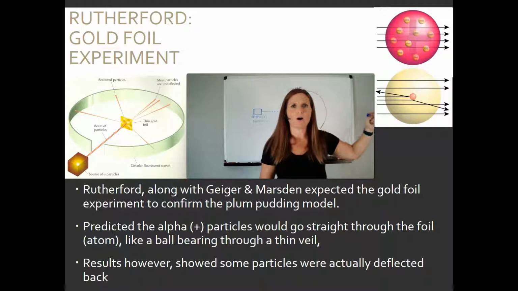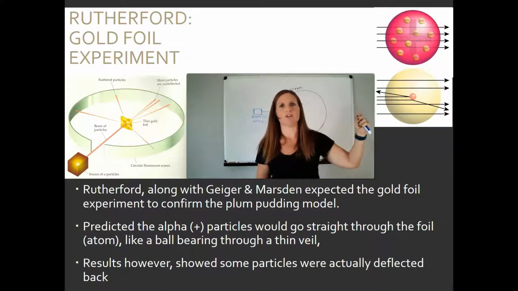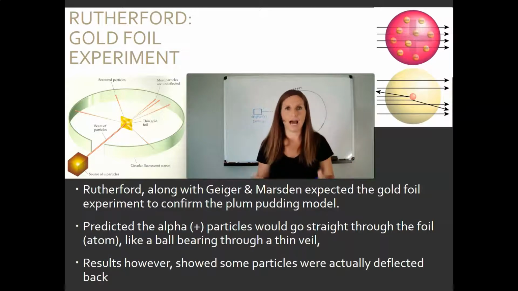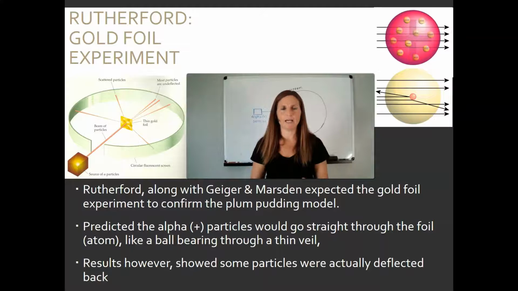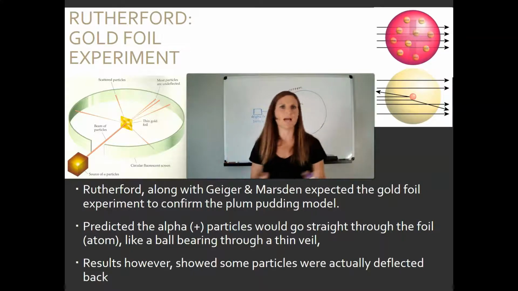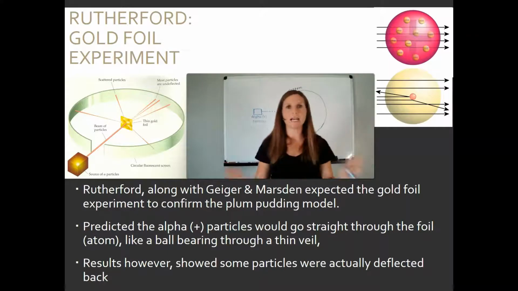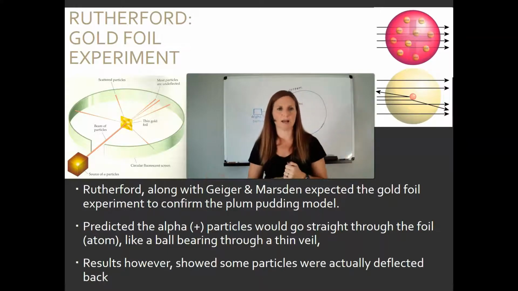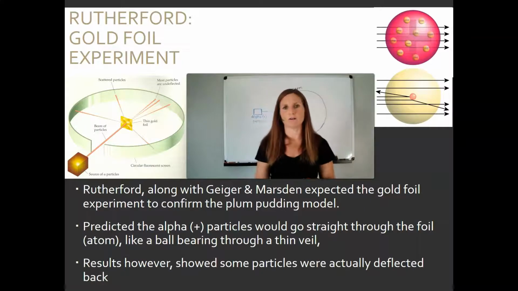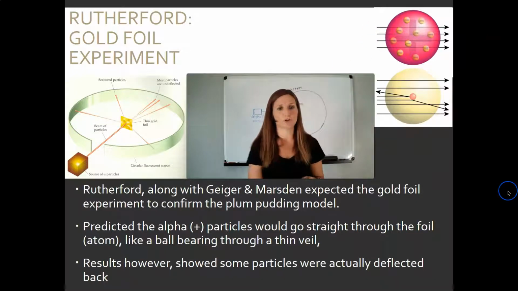We would expect all of our positively charged alpha particles to pass through the plum pudding model of the atom unimpeded, with no forces of attraction, repulsion, deflection, reflection, none of that. So if we were to pass positive particles through a plum pudding atom, they should all go straight through.